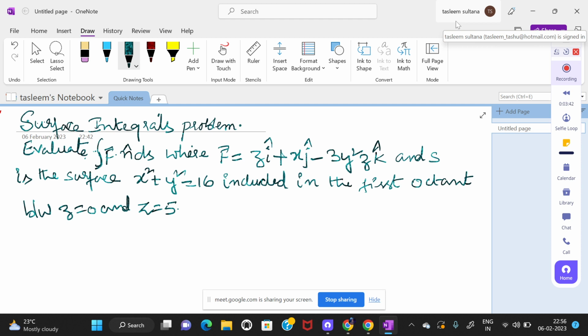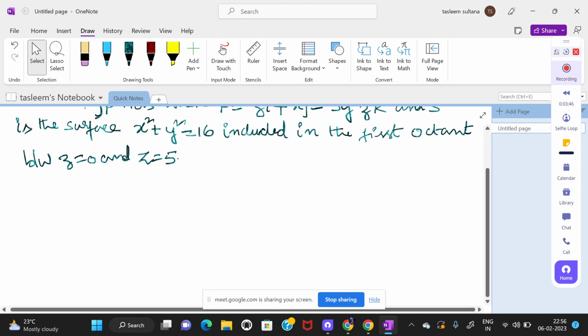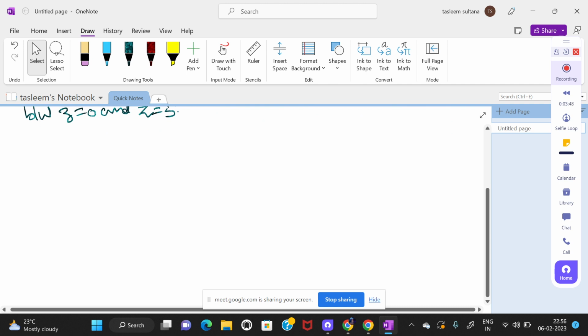So how is it going to be when we plot it, how are we going to get that graph?